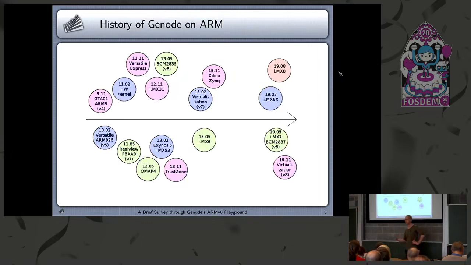And we collected a lot of experience also with different SoC vendors like Broadcom, the Sirius that were used in the Raspberry Pis, the OMAP 4 from Texas Instruments, an incarnation of the Panda board, and Exynos 5 from Samsung, in an incarnation of the Arndale board.